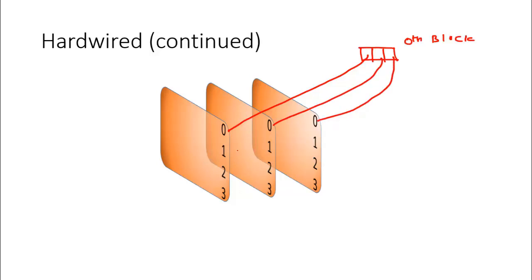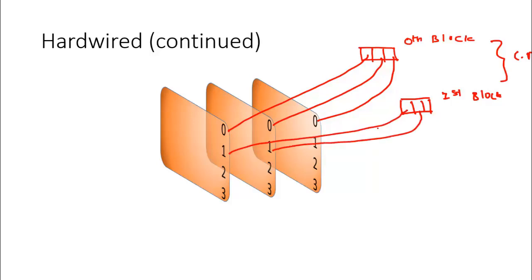Then consider that this one is the register of the first block of cache memory. These both are of cache memory. So this one is connected with this second bit, and this one is connected with the third bit.